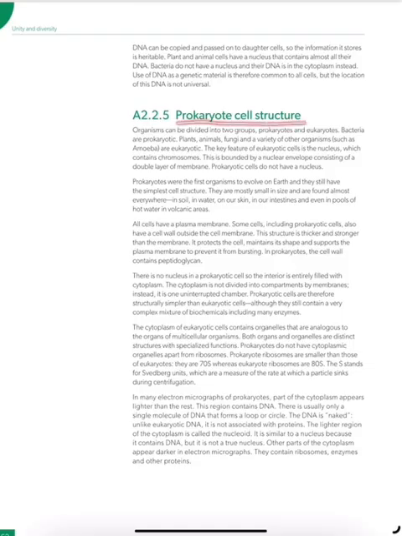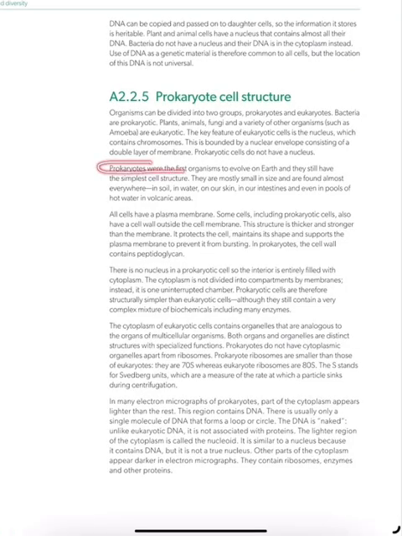Then we have the structure of prokaryotes. Prokaryotes were the first organisms to evolve on Earth, and they still have the simplest cell structure. They're mostly small and found everywhere: in soil, water, on our skin, in our intestines, and even in pools of hot water in volcanic areas.